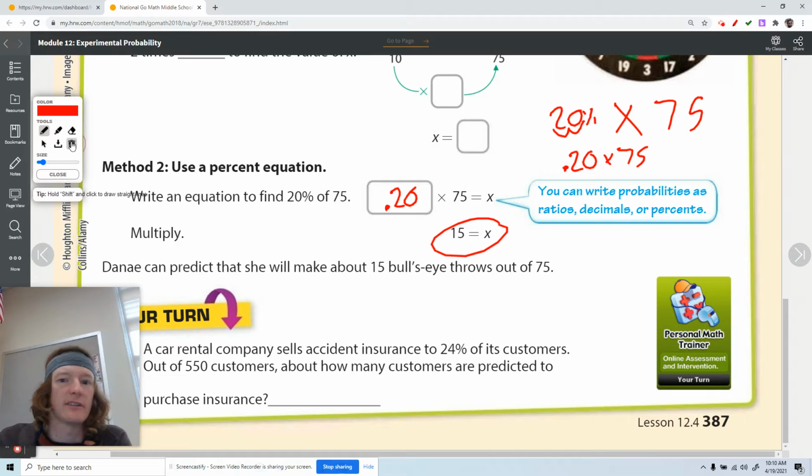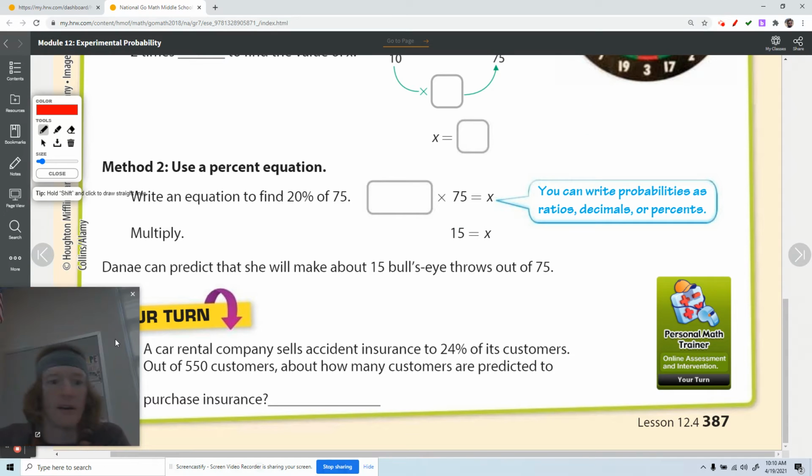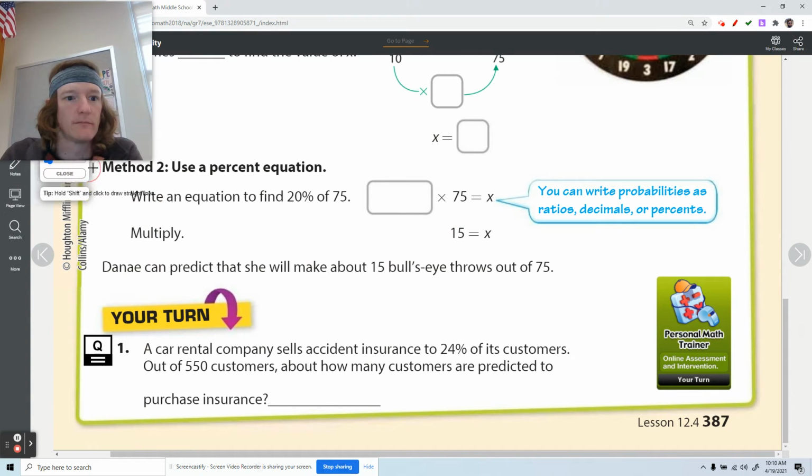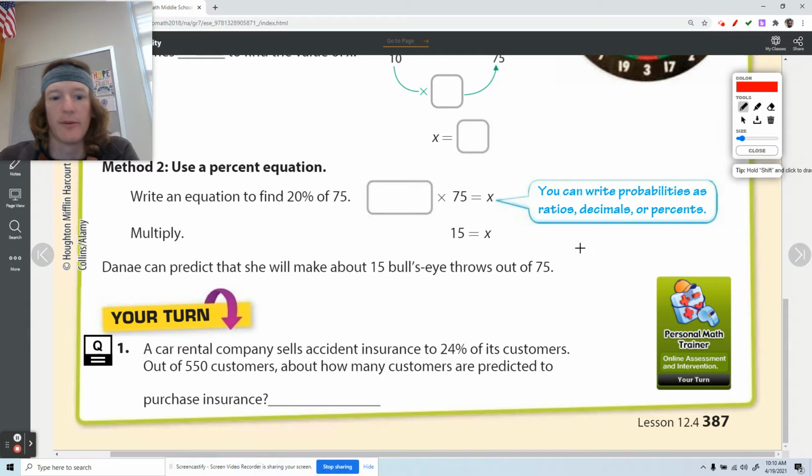So let's try a different example down here on the bottom. A car rental company sells accident insurance to 24% of its customers. Let's solve with a proportion first.